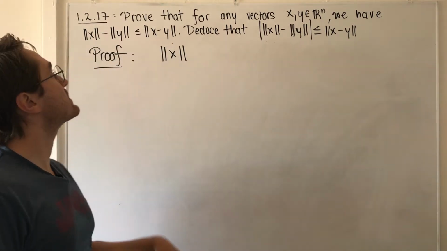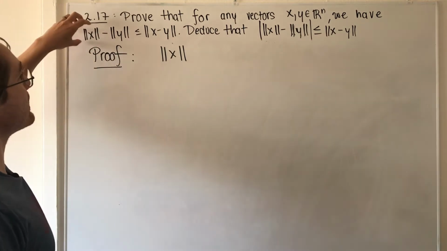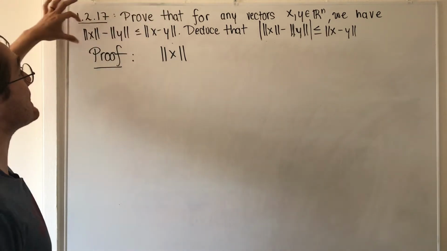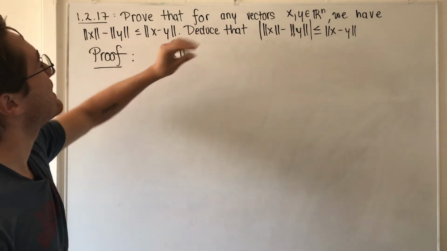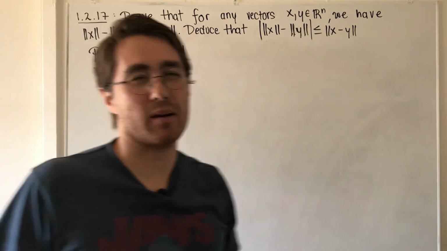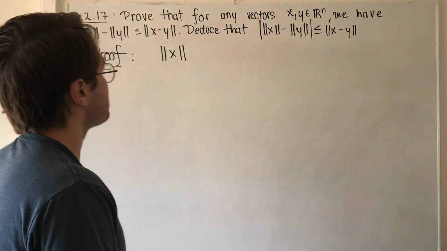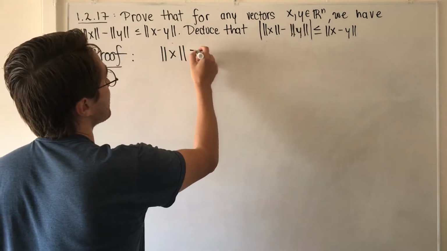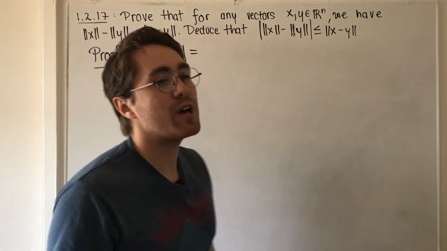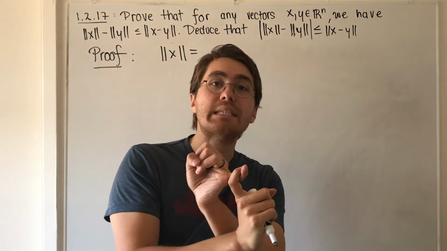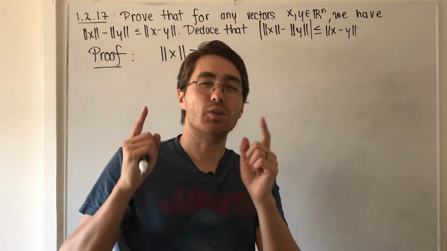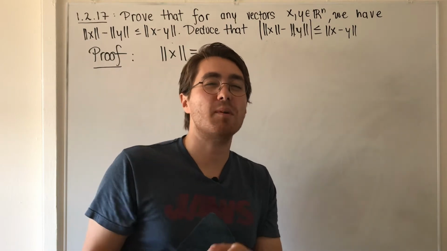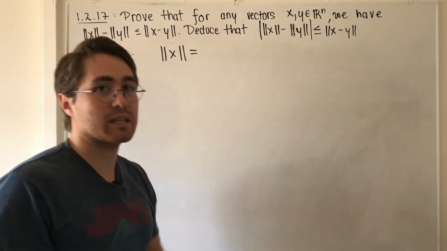Sometimes if you're having an issue, it might help to try deconstructing this inequality or looking at it slightly differently, like try adding this, and it might become immediately apparent. But here's the trick. It's a standard trick that you use when dealing with inequalities of norms. So if you have a norm and an inequality and you're totally stuck, it might be worth it to see if something like this works.